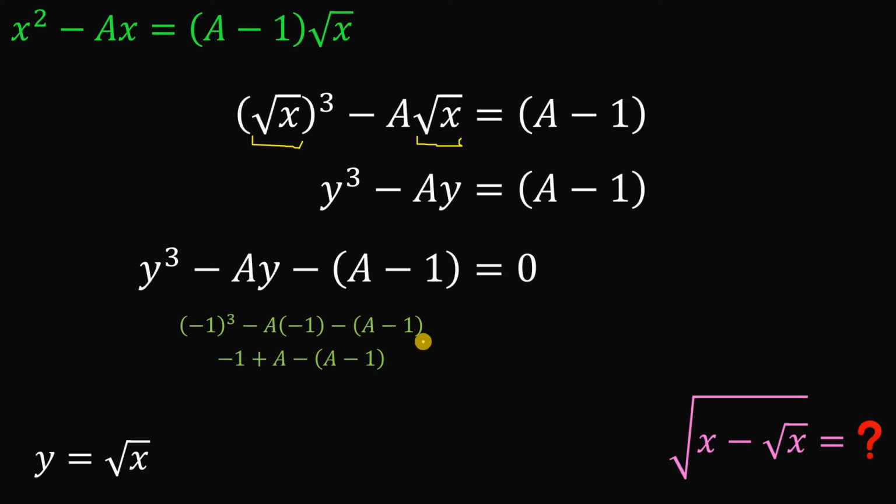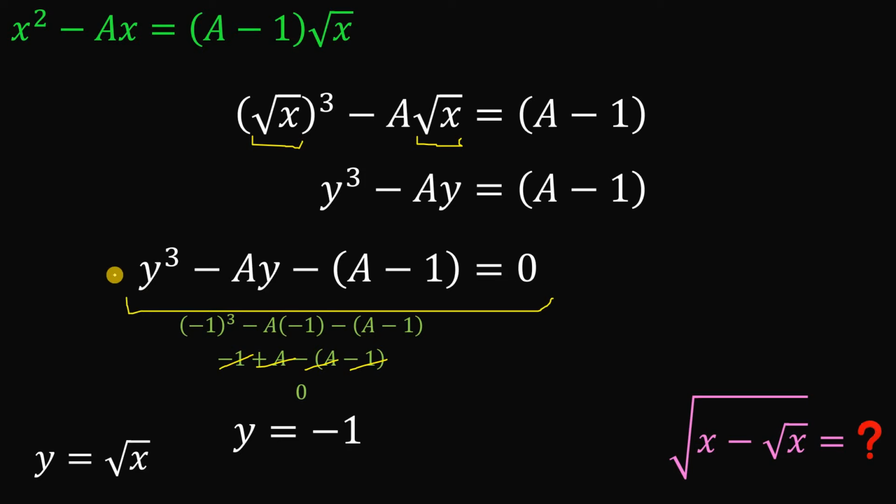And if we distribute negative a to a minus 1, we have negative a plus 1. And negative 1 and positive 1 cancel out. Positive a and negative a cancel out. So technically this is just 0. And when this happens, it follows that y equals negative 1 is simply a root of this equation.